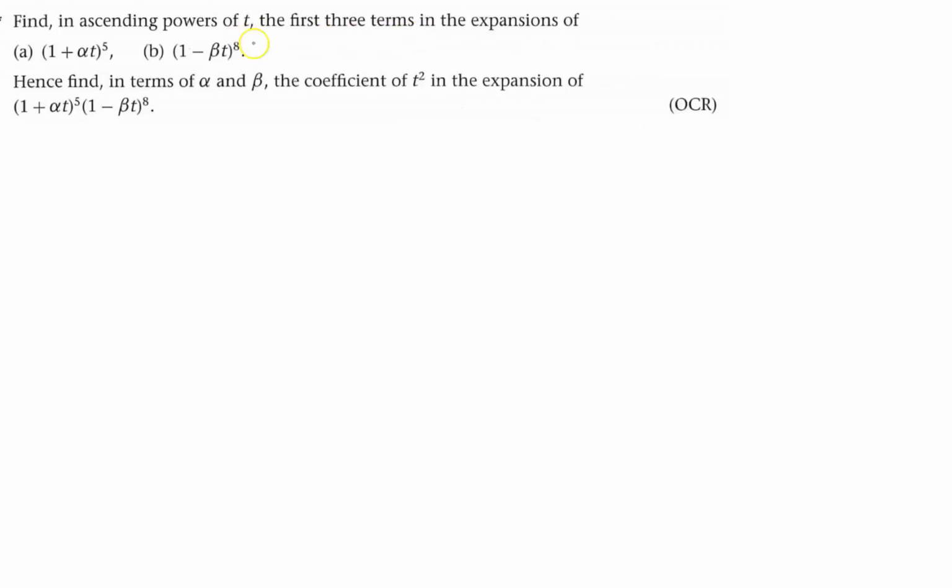You've got to find the first three terms in these expansions. So (1 + alpha t) to the power 5 will equal 1 to the power 5, plus there'll be 1 to the power 4 and alpha t to the power of 1.